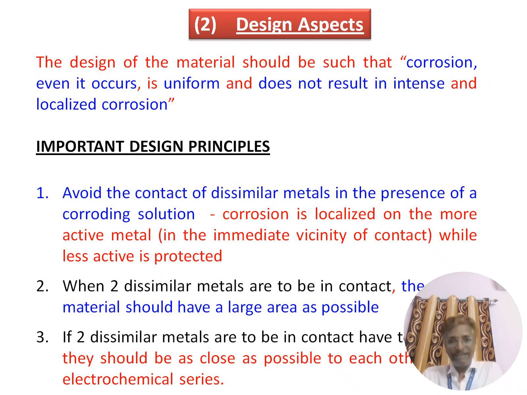Okay, now let us move to the design aspects. Design aspect means, as long as the length and size of the objects allow, the joints or bolts should be lesser in number.